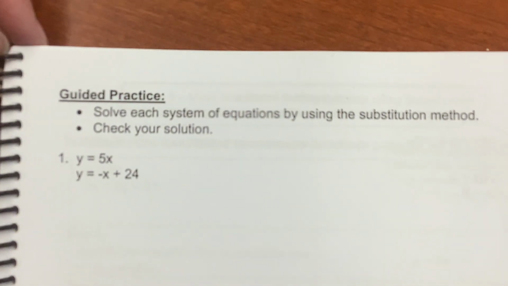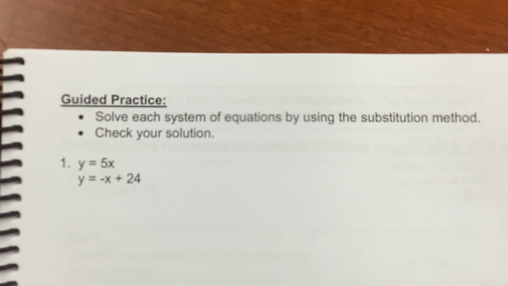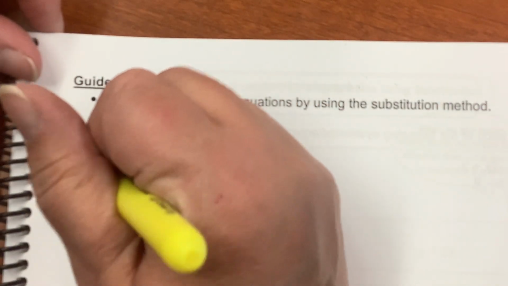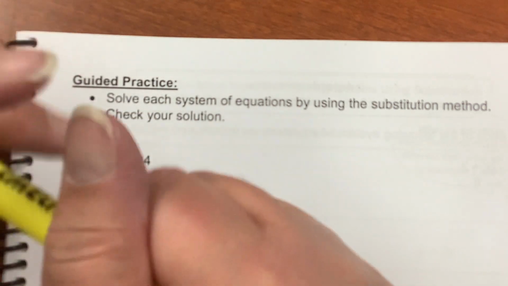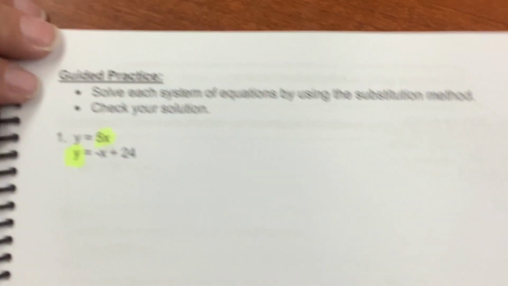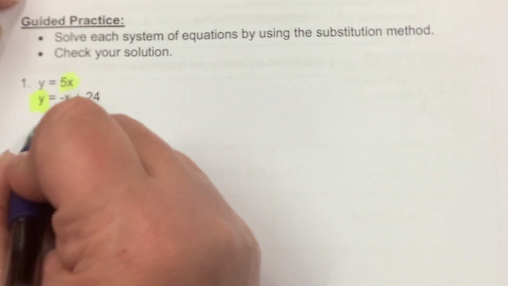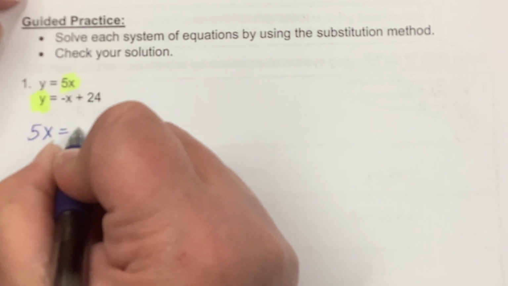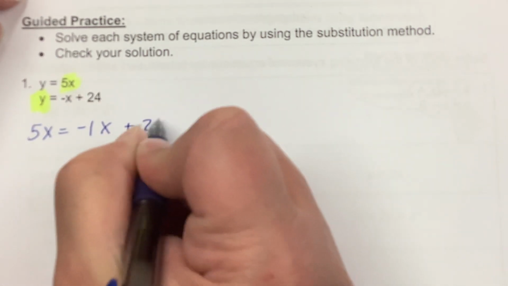On the opposite side, you should actually stop the video and try the problems, but I'm in a bit of a hurry today. So, substitution. 5x is larger than negative x, so I'm going to make those equal to each other. 5x equals negative 1x plus 24.